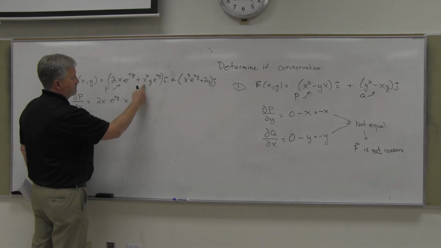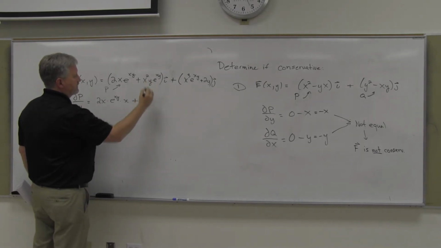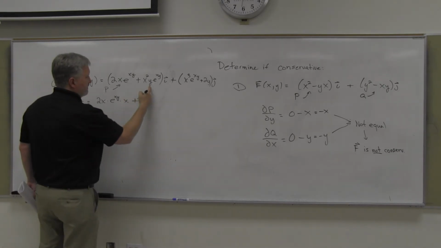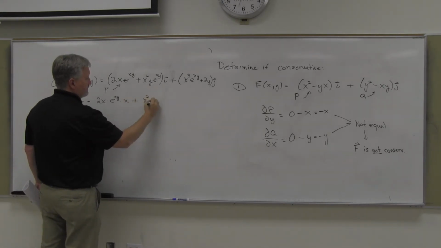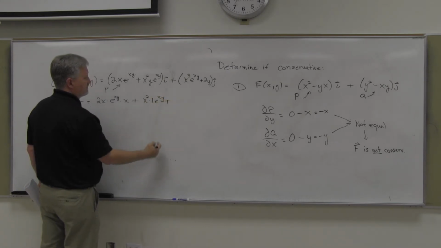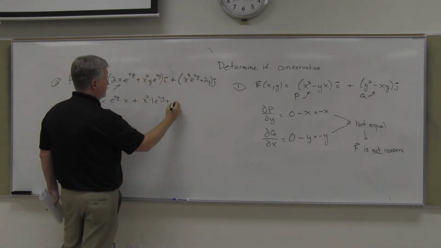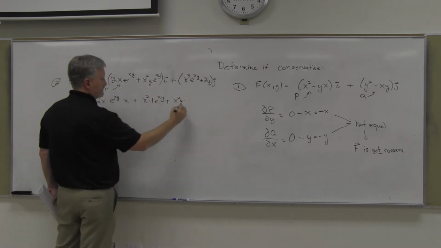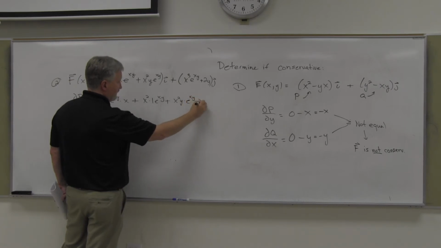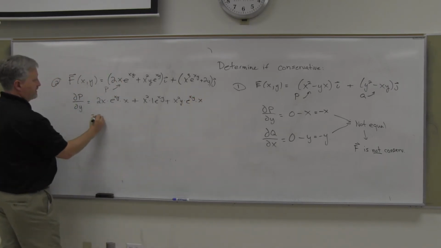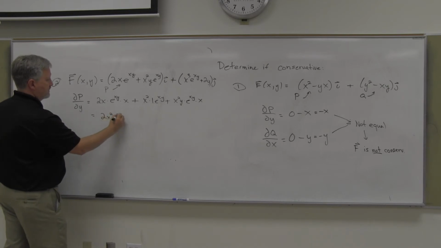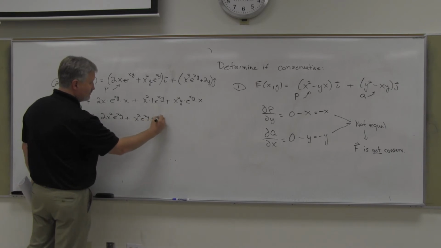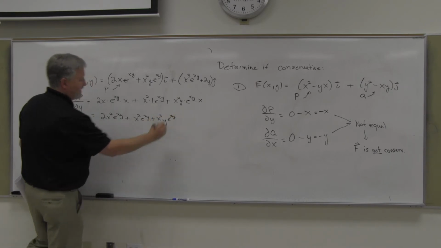Plus the other part. We're doing partial with respect to y, so we need a little product rule. The derivative of y is 1, so this would be x squared times 1 times e to the xy, plus x squared y times the derivative of e to the xy, which is e to the xy times x. To simplify, 2x squared e to the xy plus x squared e to the xy plus x cubed y e to the xy.